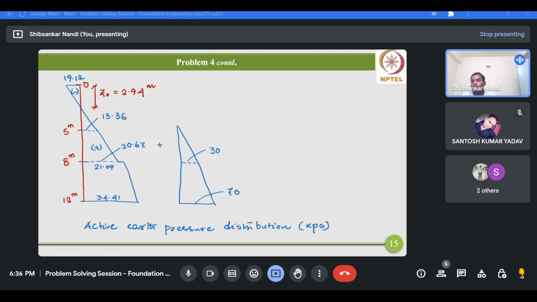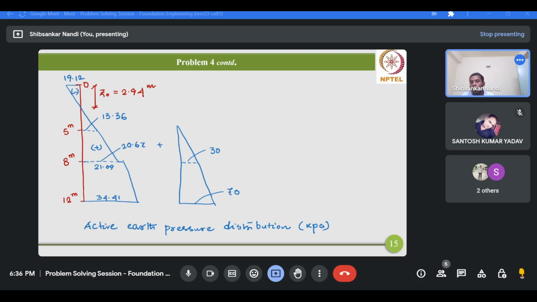So we have started from minus 19.12 kPa at the top, then at Z0 equals 10.94 meter, 0 active earth pressure, then at the water table location 13.36 kPa, then at the interface 20.67. This is for the soil part, the effective overburden part, and this is for the pore water part.